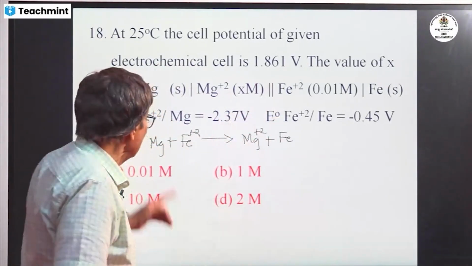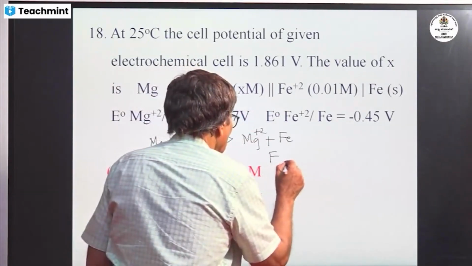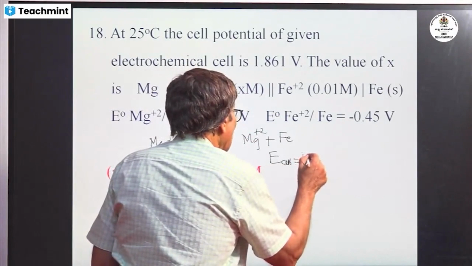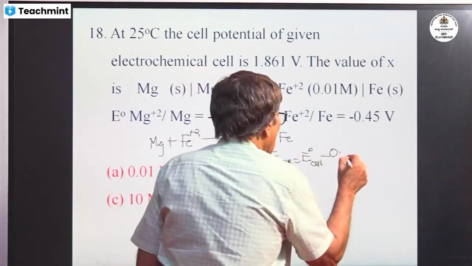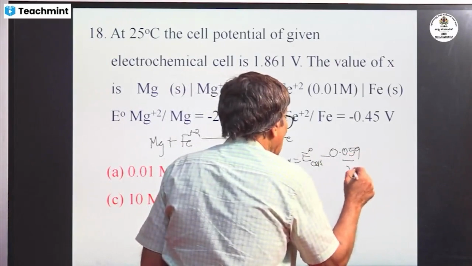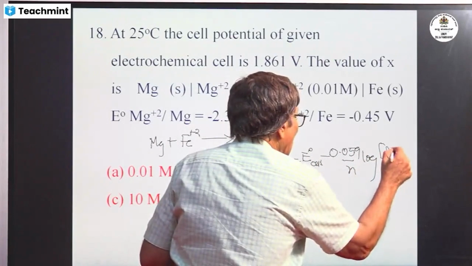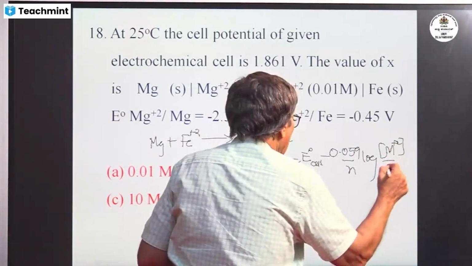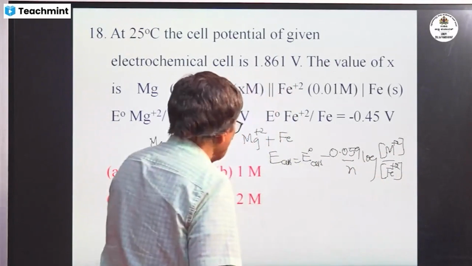How will you write E cell? E cell is equal to E naught of the cell minus 0.059 by n log Mg plus 2 divided by Fe plus 2. Because here 2 electrons, so no problem.